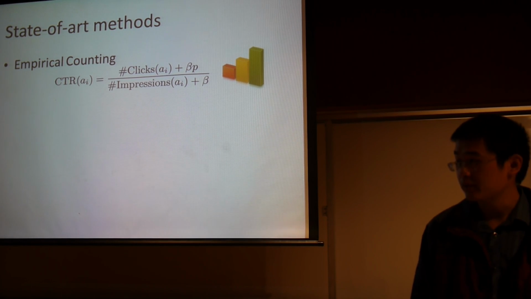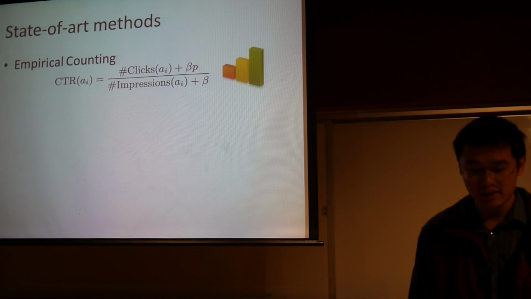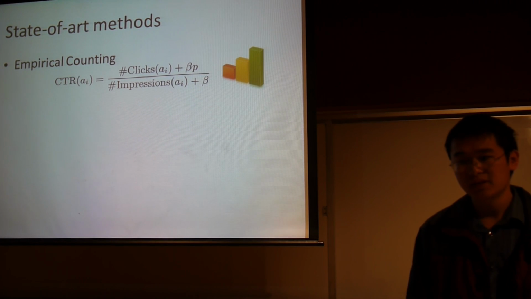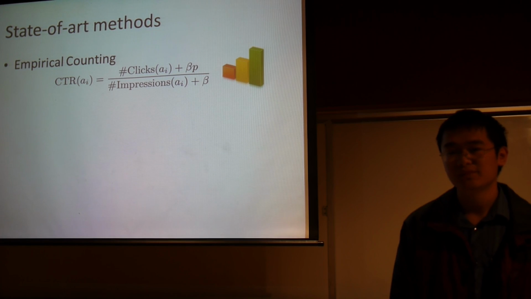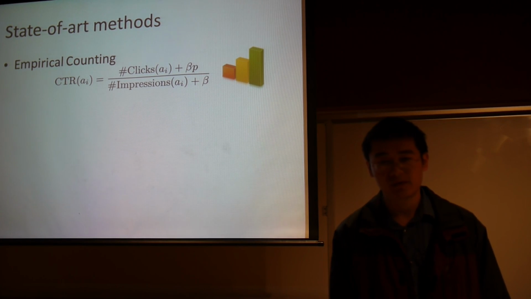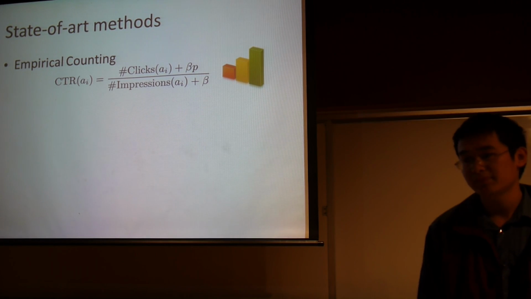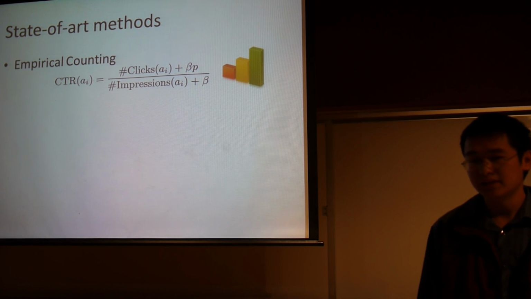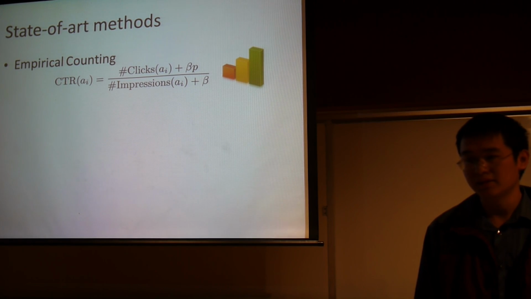It is roughly an empirical CTR because we also use a constant beta factor as a smoothing factor, so that even if an ad in the testing set does not appear in the training set, we can still give a reasonable prediction using a global parameter P, which is typically set to the overall empirical CTR over all the instances in the training set.